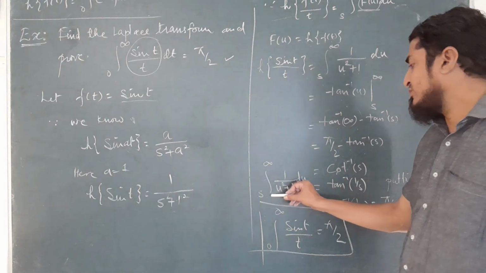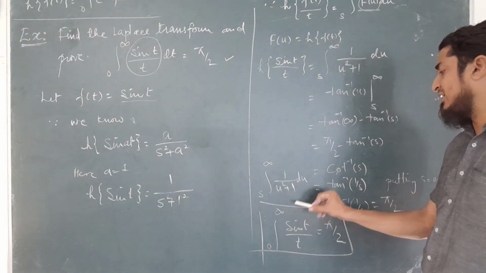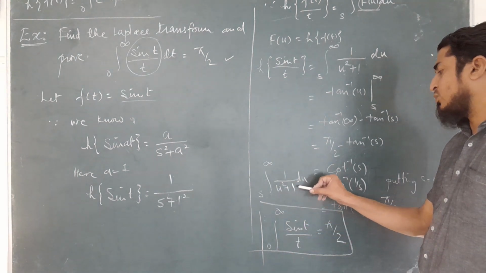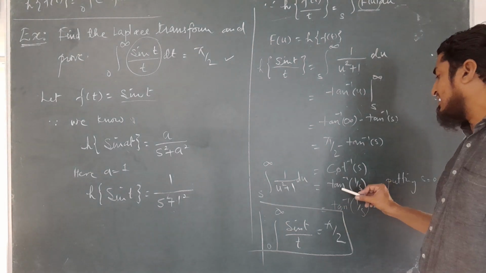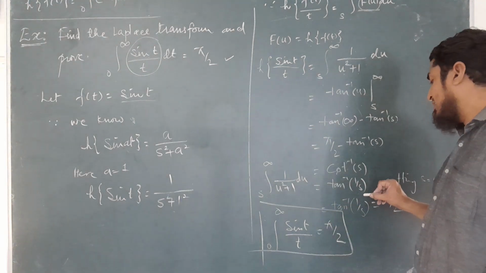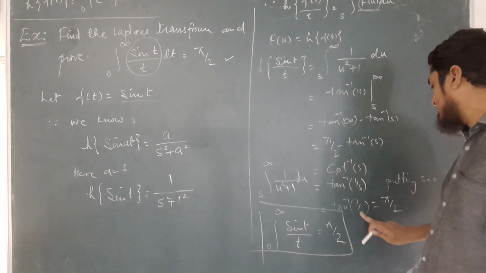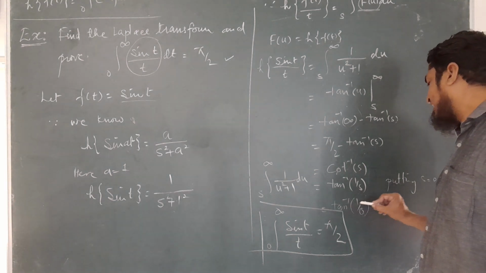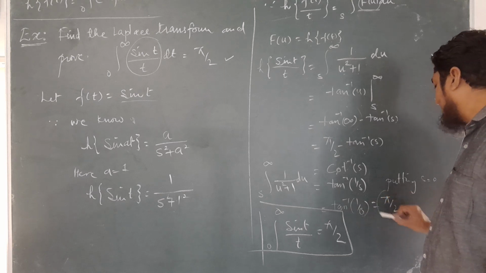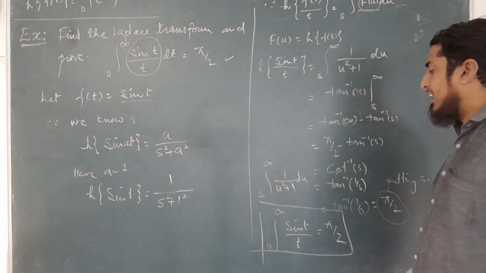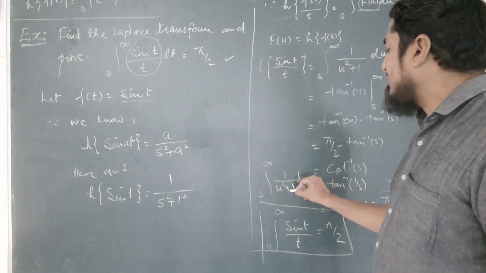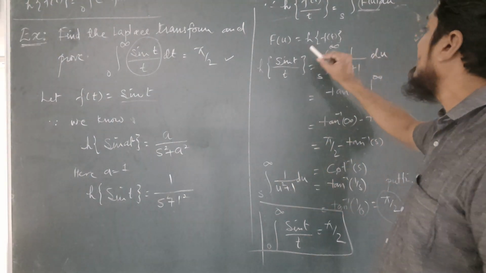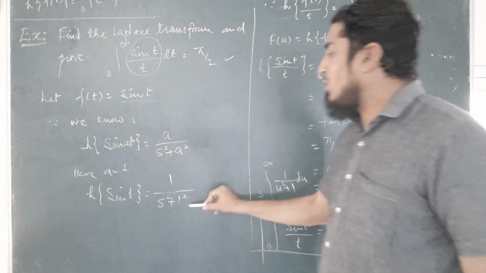By choosing s is equals to 0, the integration becomes 0 to infinity 1 upon u square plus 1 du is equals to tan inverse of 1 upon 0. And 1 upon 0 becomes infinity, and tan inverse of infinity becomes pi by 2. Correct? And 1 upon u square plus 1 is what?